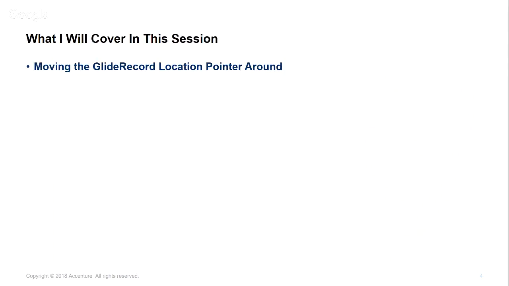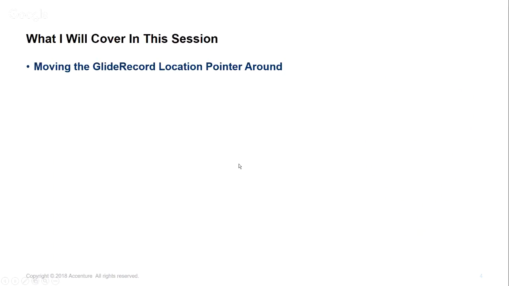This thing is a real lifesaver sometimes in performance. GlideRecords can be really stinky on performance depending on how much information you're pulling in and what you're trying to do with them. So the location pointer allows you to move around inside of a GlideRecord after you've retrieved it.